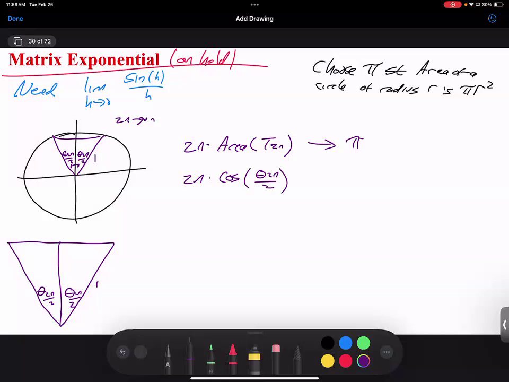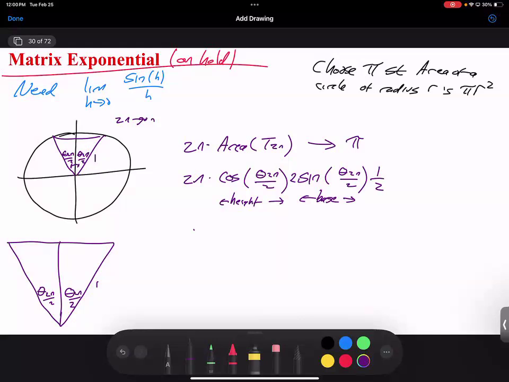That's the height. And now we need the base. What's the base going to be? It's the sine of theta 2n over 2, and then we multiply by 2, right? But we have a triangle, so we have a factor of 1/2. We'll see whether or not we really needed to have the 2n versus n.